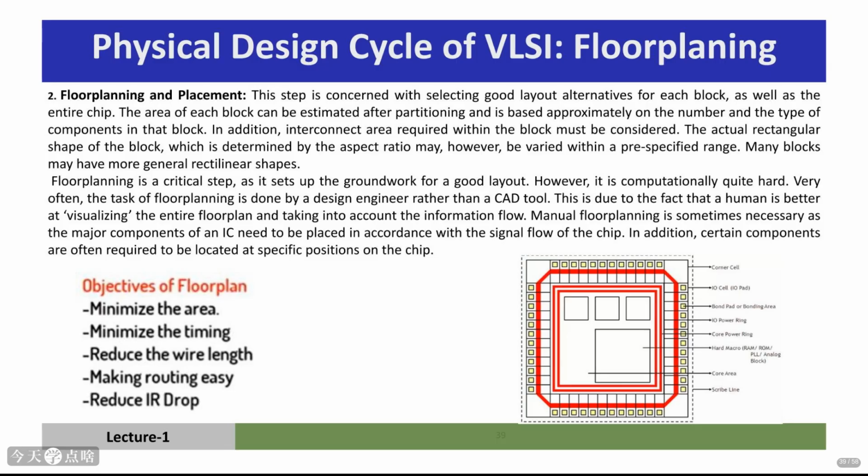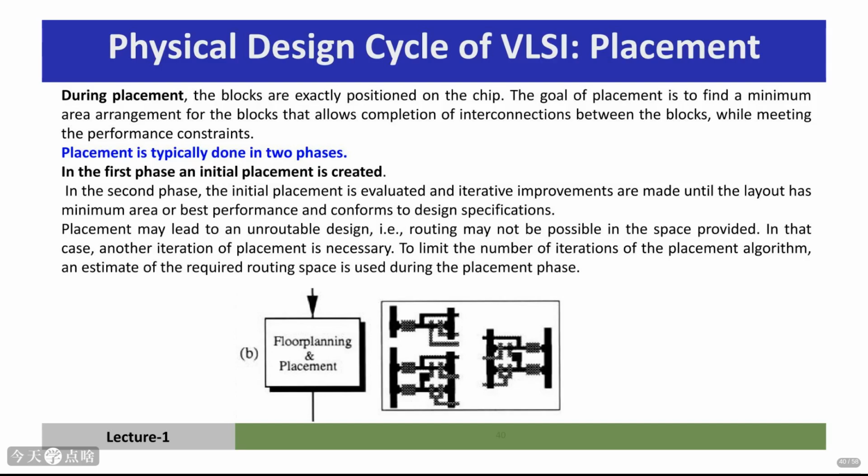The objectives are clear: minimize area, minimize timing, reduce wire lengths, make routing easier, and reduce voltage drop. The diagram shows the typical layout of a chip, with I/O pads, power rings, and the core area containing the main logic and macros.